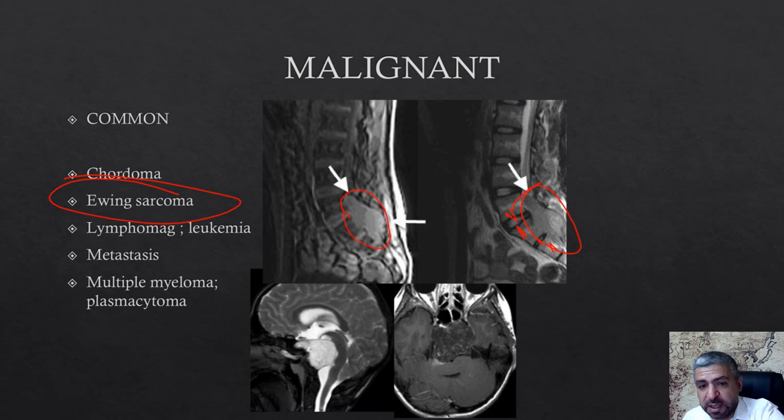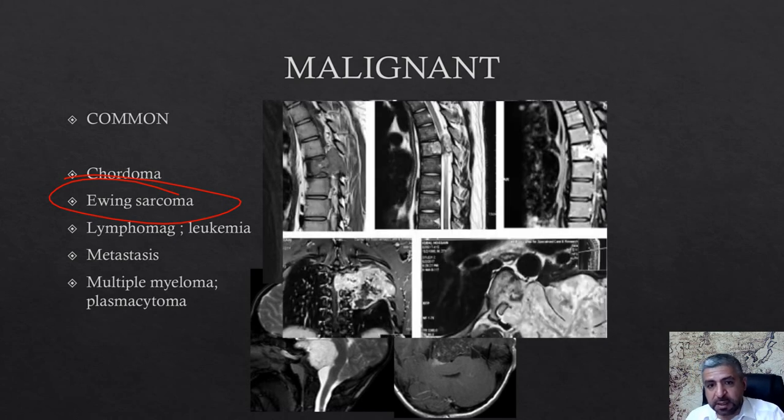So whenever you see a large soft tissue component with a relatively small primary tumor, keep in mind Ewing sarcoma as the possible diagnosis. Again, you can see here there is a large soft tissue component compared with a small tumor or smaller tumor.